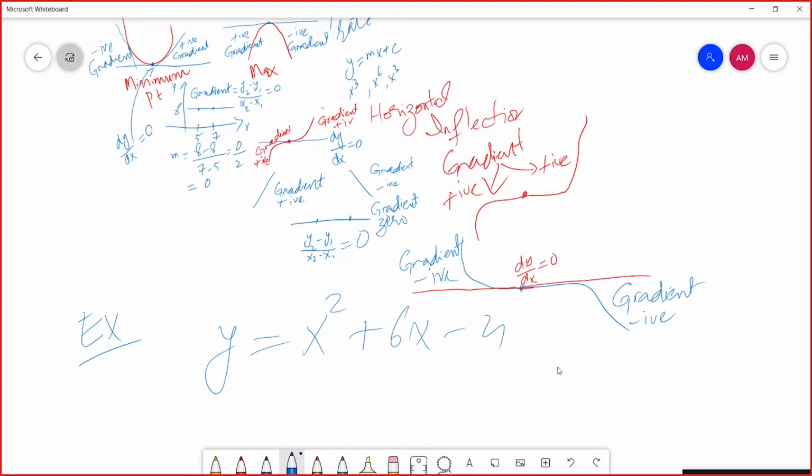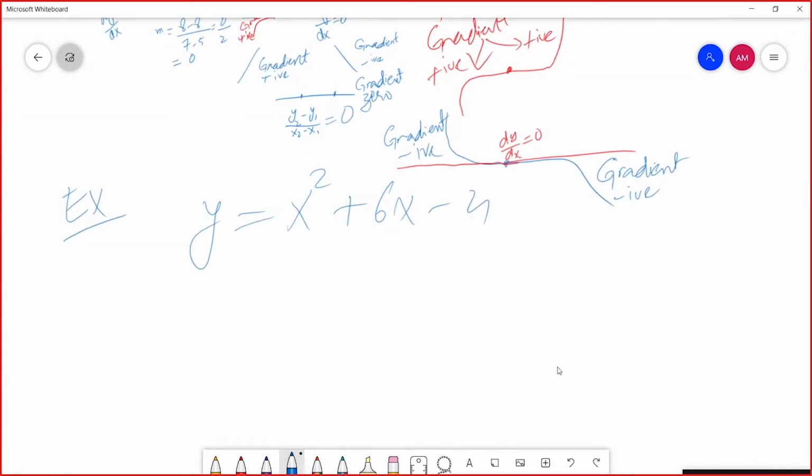We want to find where the stationary point is and its nature, whether it's a minima, maxima, or a horizontal inflection. That's the question.